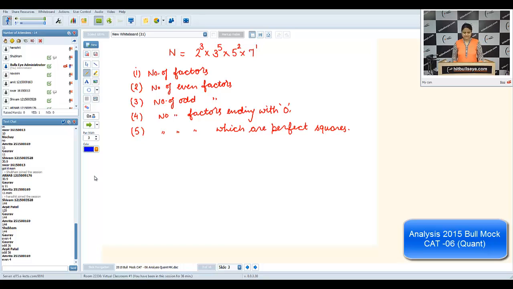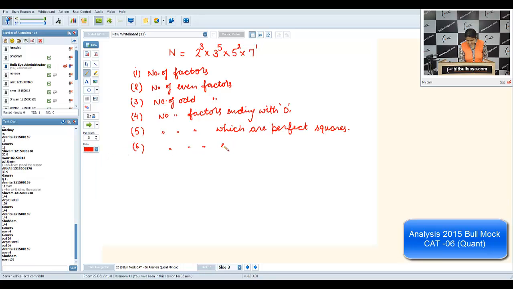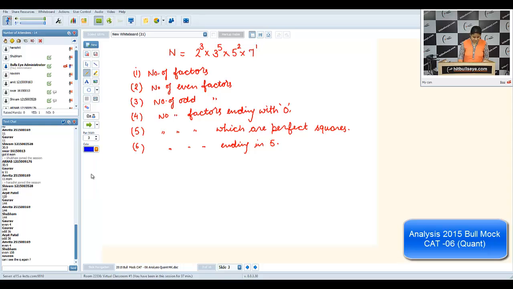Number of factors ending with a 0. One more part I want to write. Number of factors which are ending in 5. I'll come to that question. Before explaining that question, I want to explain the factor theory.